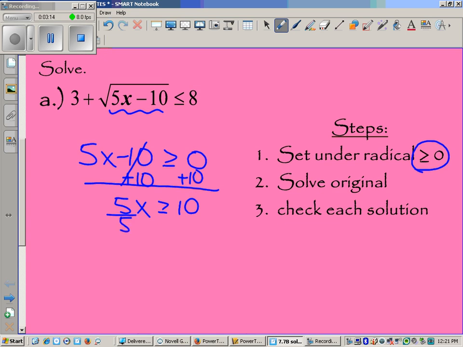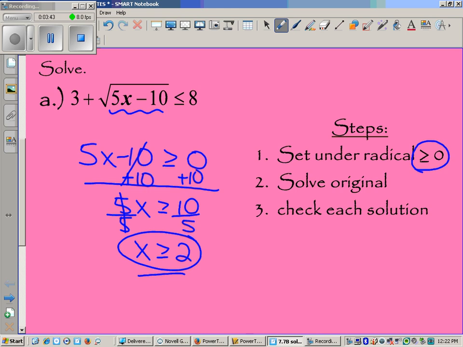We're going to get rid of the 5 by dividing. Now, do I have to switch my alligator sign? No, because I didn't divide by a negative, right? So I'm going to keep it the same. And I'm going to get that x has to be greater than or equal to what? 2. Okay. So in order to make sure that I don't get any imaginary numbers, negatives underneath my radical, x has to be greater than or equal to 2.